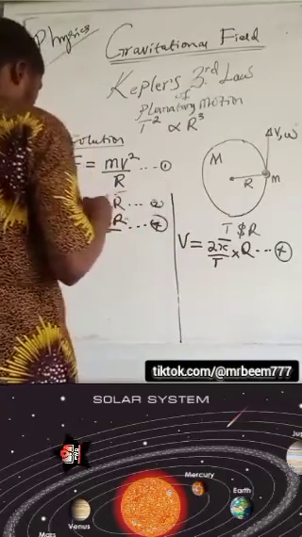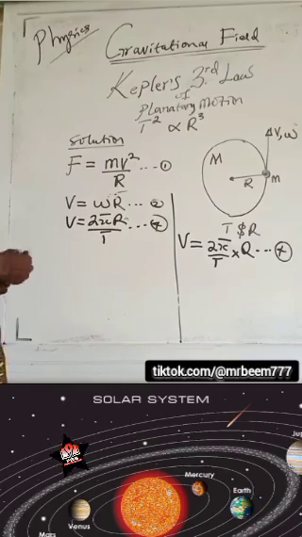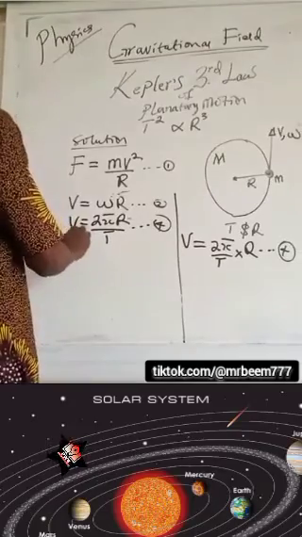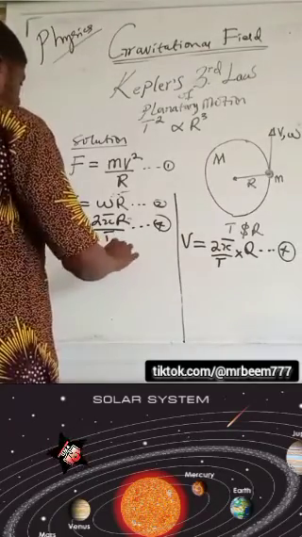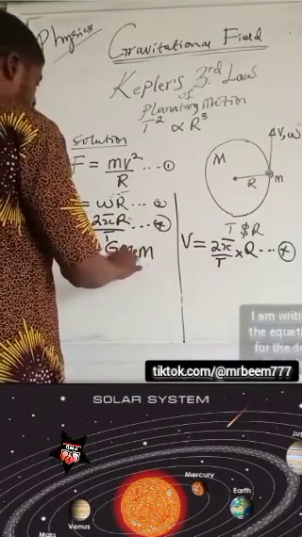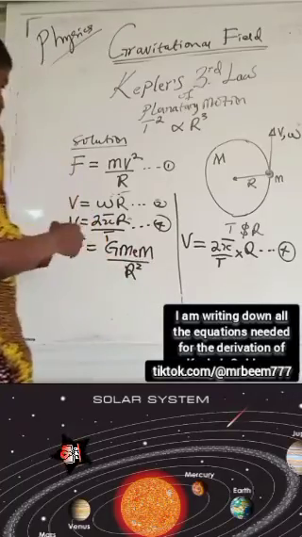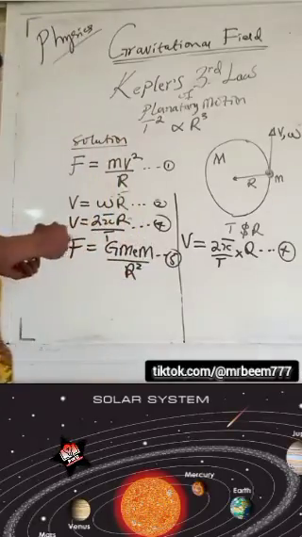And the last one is from Newton's law of gravitation, which is supposed to be the first one: F is equal to G M m all over R squared. You can call this equation number 5.